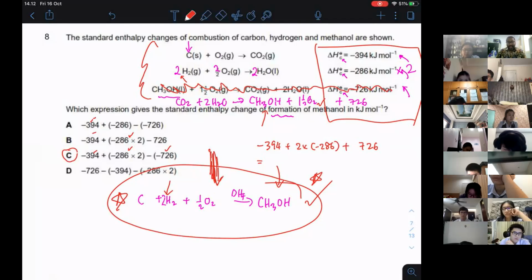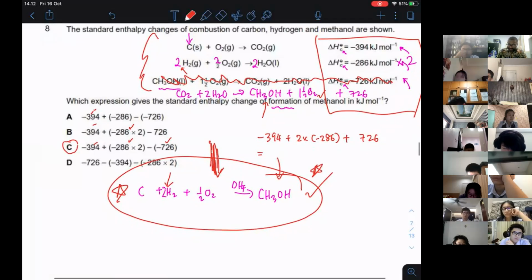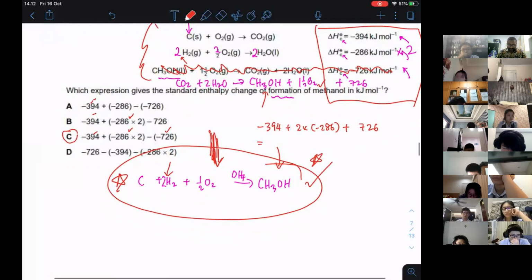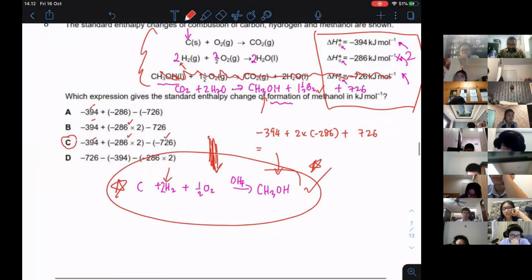So what happens when I rearrange everything times 2? Imagine now I'm going to add these numbers. Let's see what happens when I write the equations. Hold on.